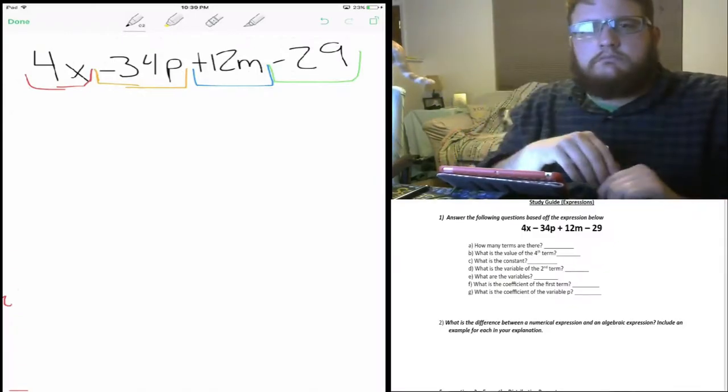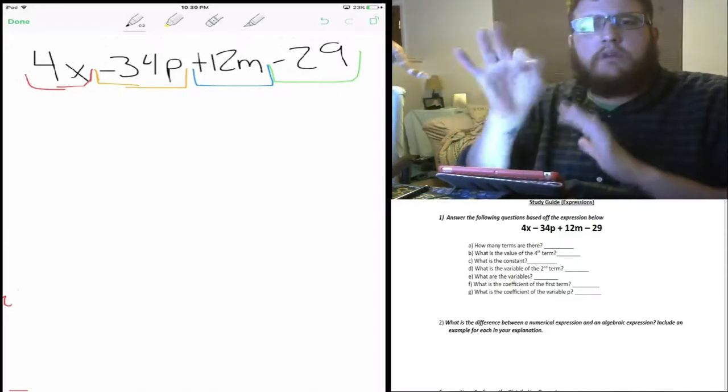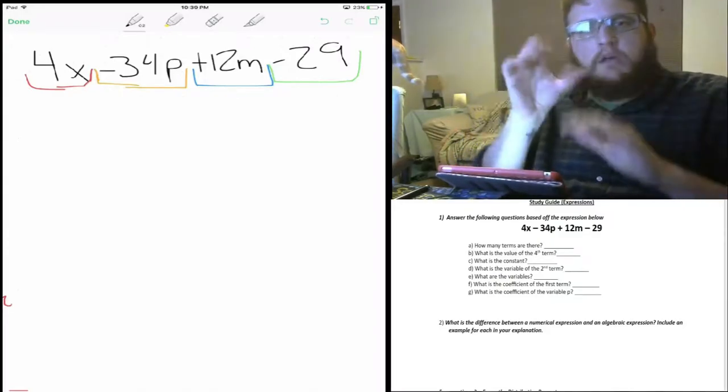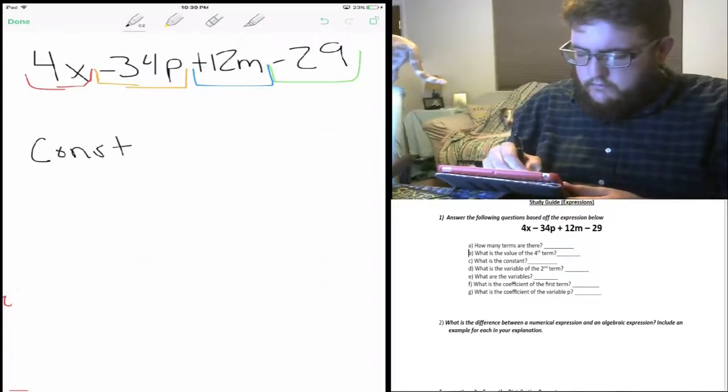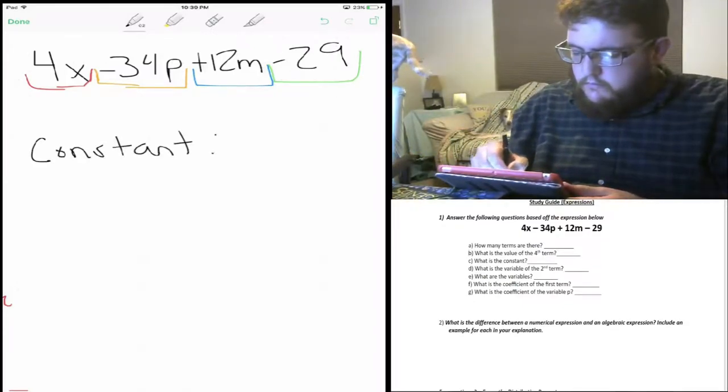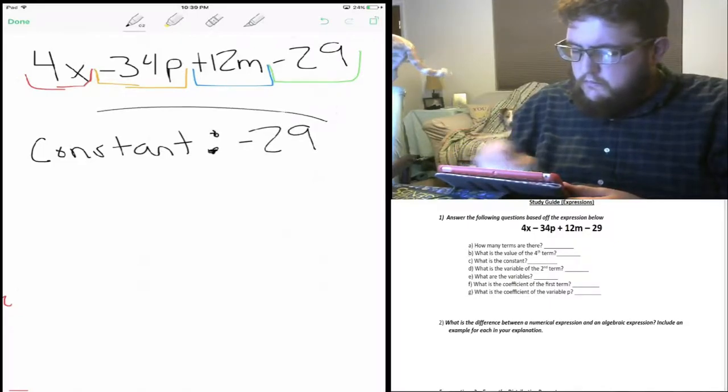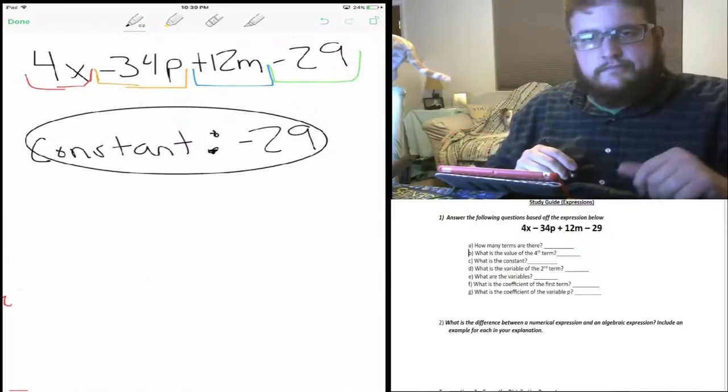That means that negative 29 is not a value that will vary. It's the same number always. It's always going to be negative 29. So we know that negative 29 is our constant. That's it.